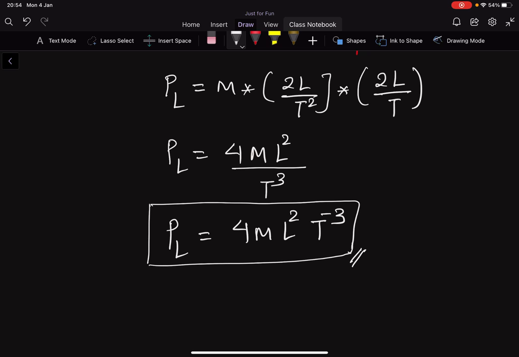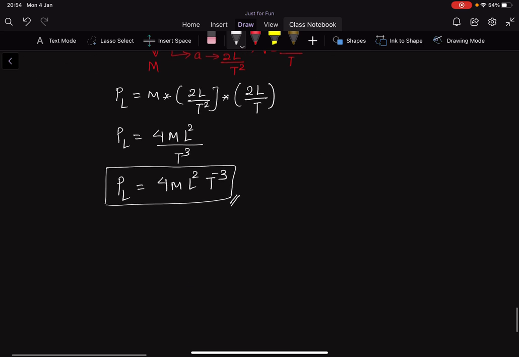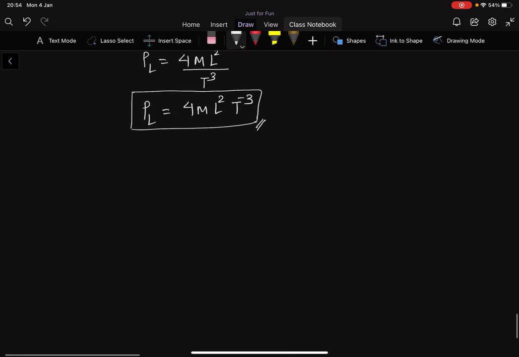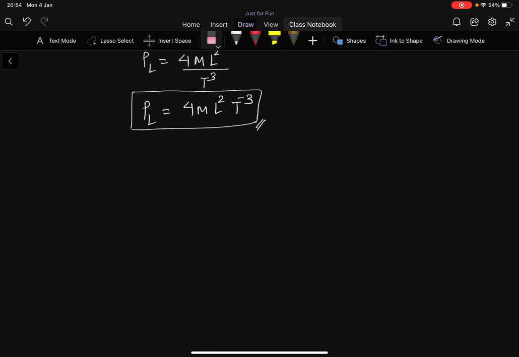Now similarly, we are going to go to the angular power. So after this we are going to use angular power, and I'm going to call this PA, to indicate angular.